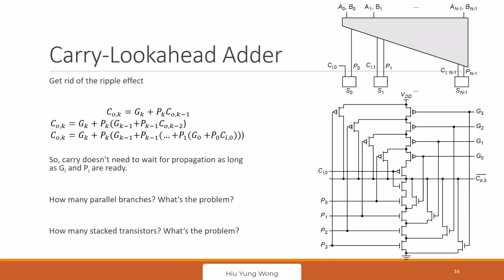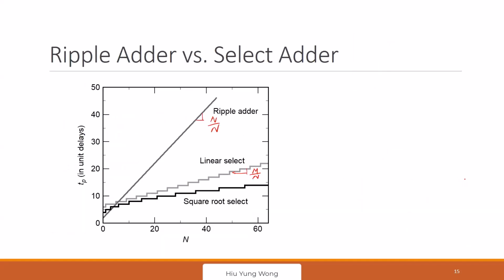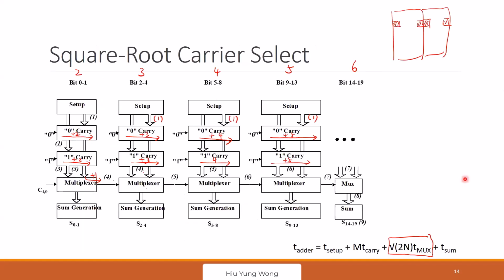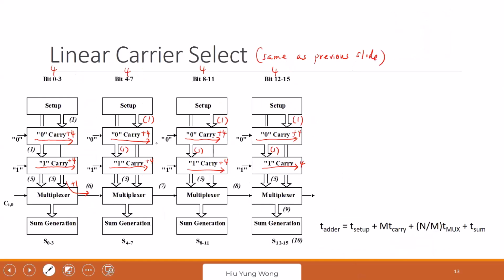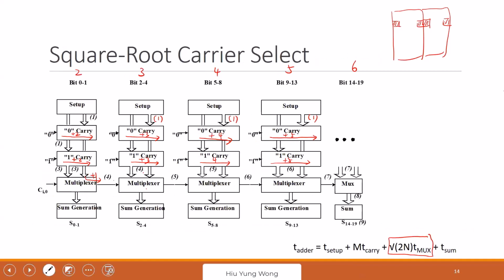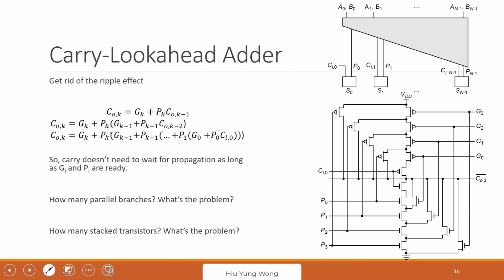Now naturally you will ask, can I even get rid of the ripple effect? If you take a look at this, I still have this m carry that I need to propagate. Is it possible for me to get rid of it? In principle, you can do that. What you can do is just compute the carry using all the inputs.